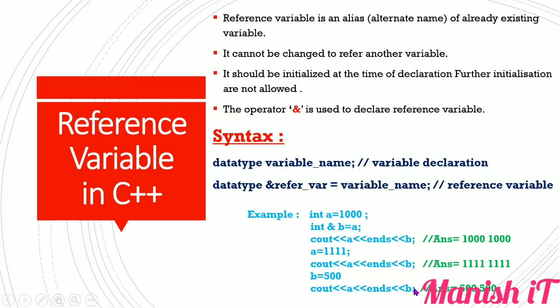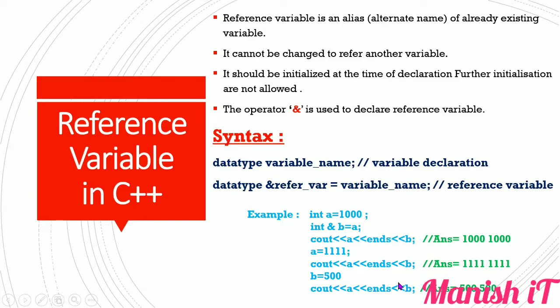Then we can say that it is a linked variable or reference variable, or we can also say a copy variable, because it is a copy of another variable, and it's also called an alias variable. It depends on the user; there are many names.